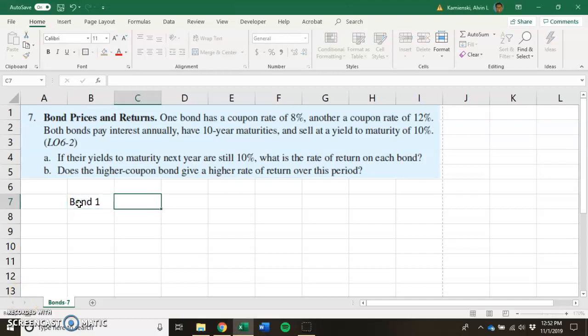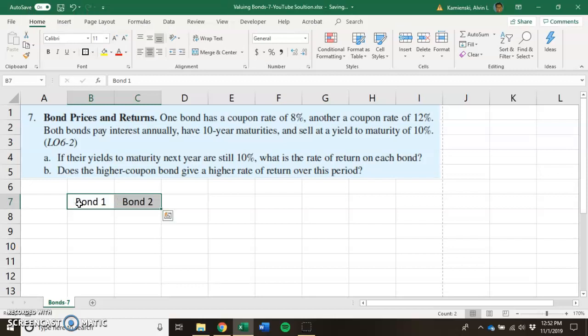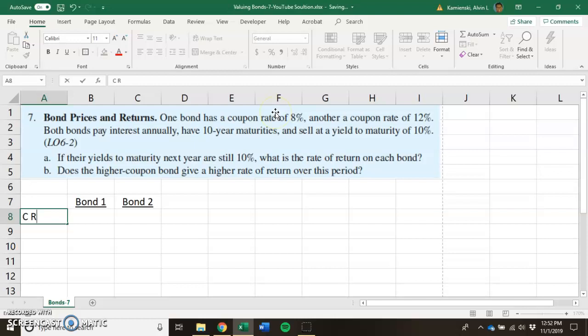Starting off by documenting all relevant assumptions for these two different bonds, Bond 1 and Bond 2. Bond 1 has a coupon rate shown to us yearly at 8%, where Bond 2 has a coupon rate of 12%.